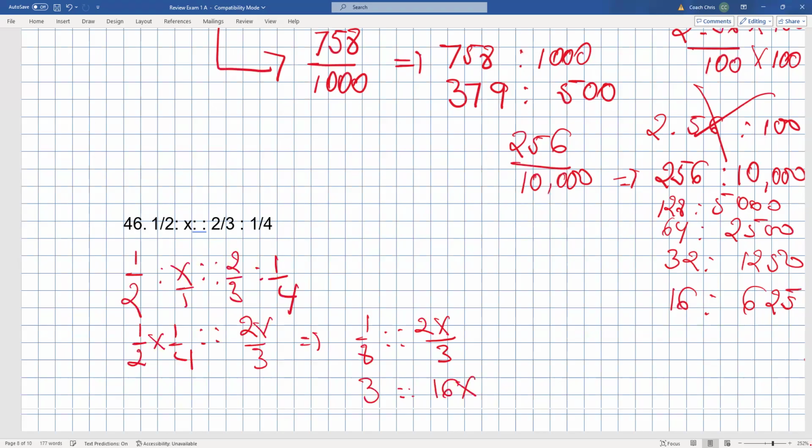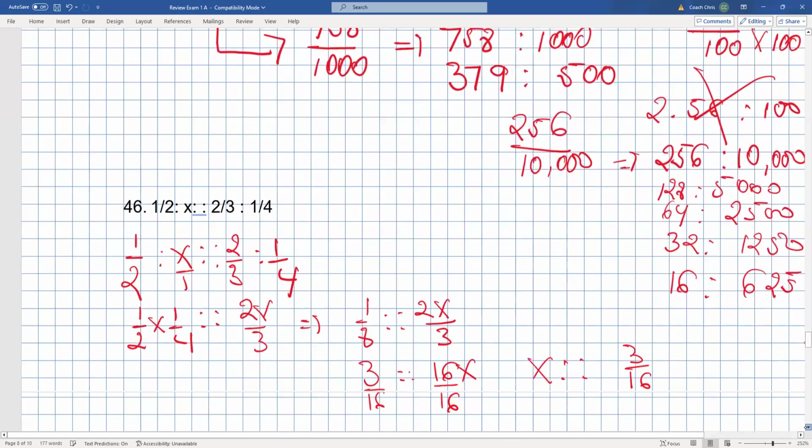So you have to divide both sides by 16. So once you do that, your value of x is going to be 3 over 16. All right. If you have to simplify, simplify. If not, leave that alone.